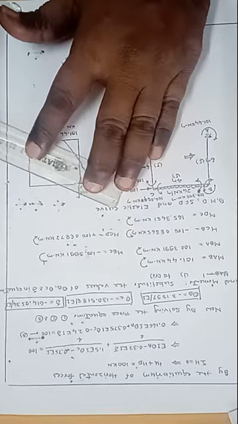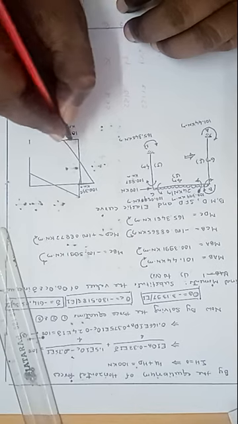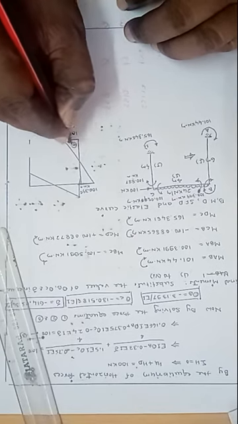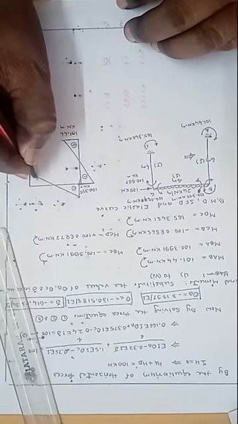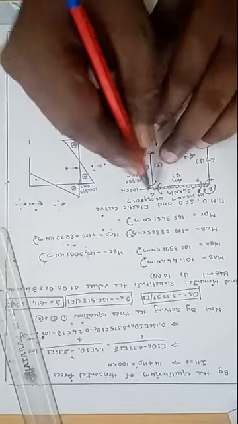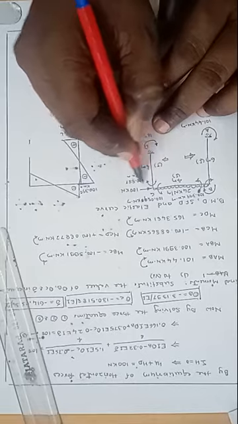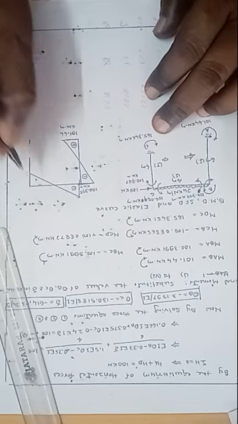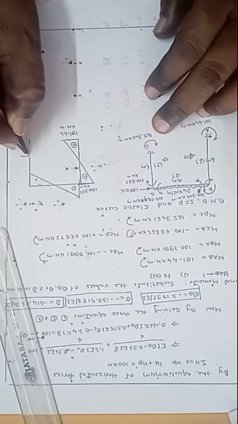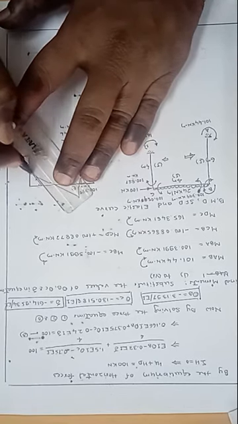Here this one is the negative bending moment diagram, this one is positive bending moment, this one is negative bending moment, and this one is positive bending moment. If you see from inside, this one is hogging and this one is sagging bending moment. We can show sagging bending moment inside and hogging bending moment outside. This is the bending moment diagram for this one.